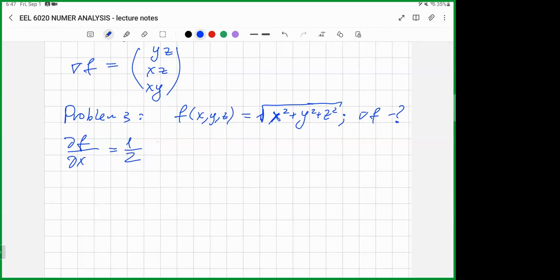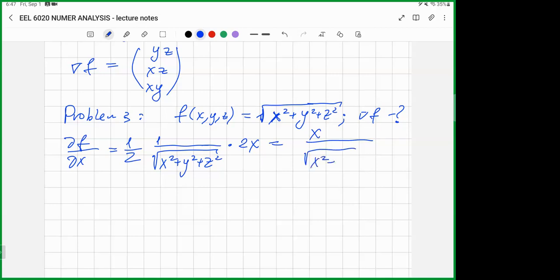So I write this like 1 over square root of x squared plus y squared plus z squared. And I have to multiply this by the derivative of x squared by x, which is 2x. So the answer is x over the square root of x squared plus y squared plus z squared.